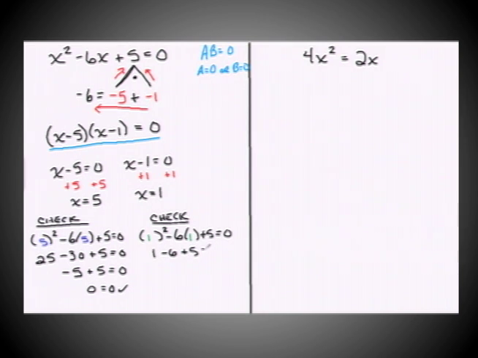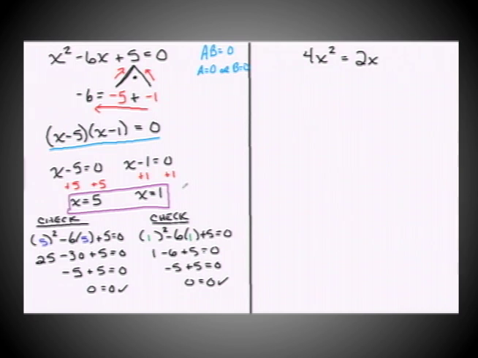And then I add the 5 on the end. 1 and negative 6 make negative 5. Plus 5, of course, gives 0, which is our true statement. 0 equals 0. So now that we've checked both of these out, we can safely say that this particular quadratic equation has two solutions, one of them being 5 and one of them being 1.